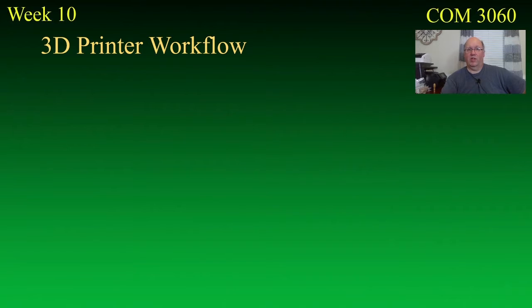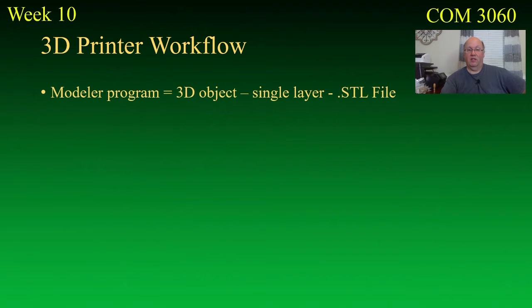Okay, so once again, the 3D printer workflow. It's important that we keep reviewing these things because I want it fresh in your mind. Basically, you're using Modeler. You're creating a 3D object within Modeler. You're exporting it as a single layer as an STL file. So you've got one layer in your Modeler program. Even if you started out with many, or you got one layer per part, anything that you want to print has to be in one layer.